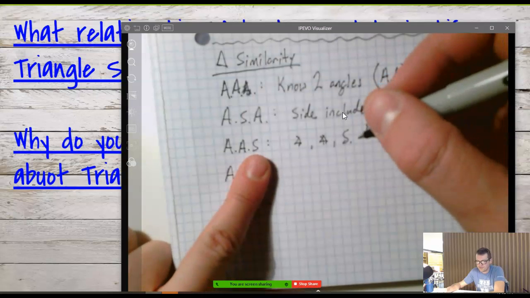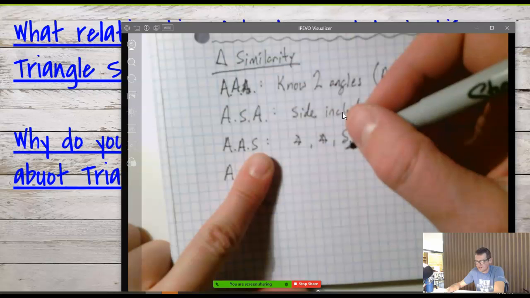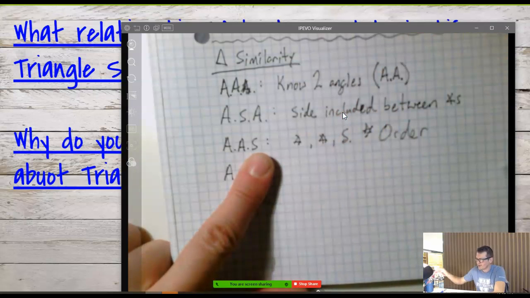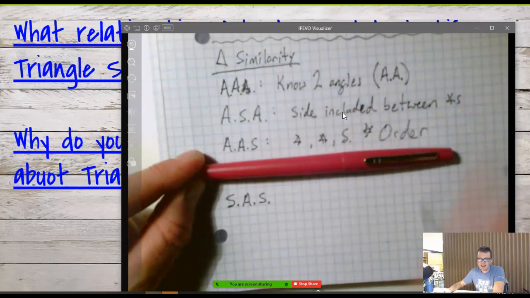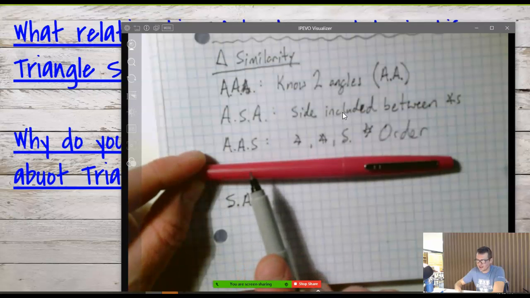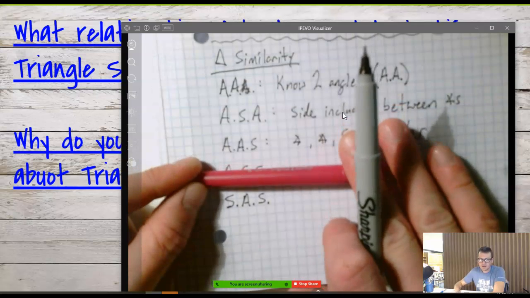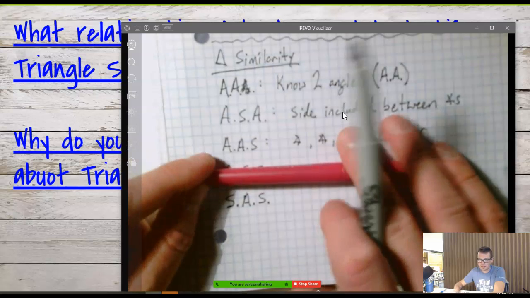I'm gonna get in trouble. Guys, I'm scared now. My mom might walk in here with a bar of soap. So I wrote down side, angle, side, but in a different order. I wrote down angle, side, side.